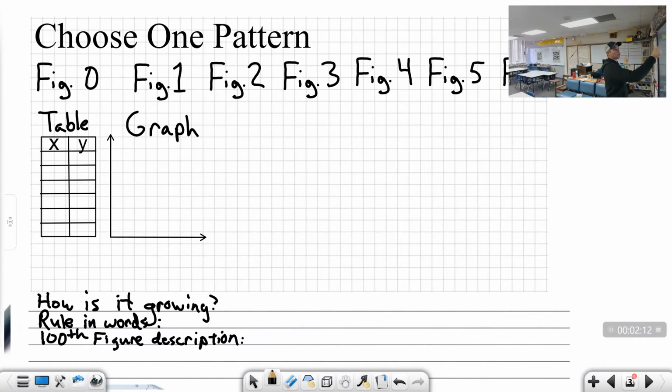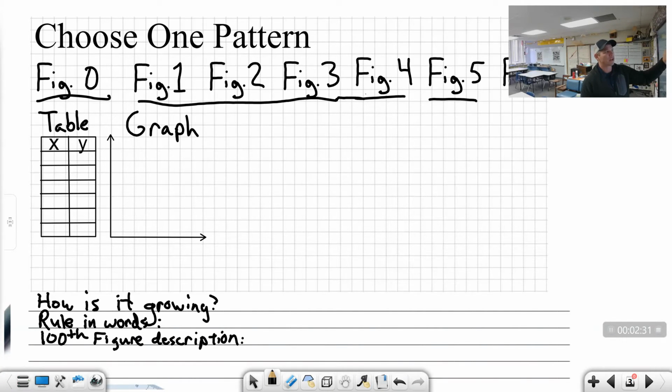You have figures 1, 2, 3 in your ebook, but I always think it's helpful to write or draw figures 1, 2, and 3 on your paper. You need to extend it to 4 and 5, okay? You don't know what those look like, but you need to use figures 1, 2, 3 to figure out 4 and 5, and then work your way back to figure 0. You need to figure out how to spatially do that.